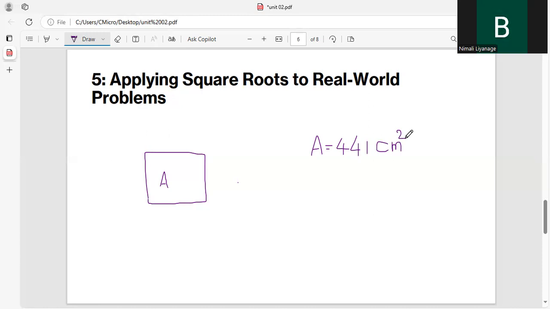What is the length of one side? All good? How to find this? We know how to find the area of a square. The area of a square is equal to the square of the length of one side.